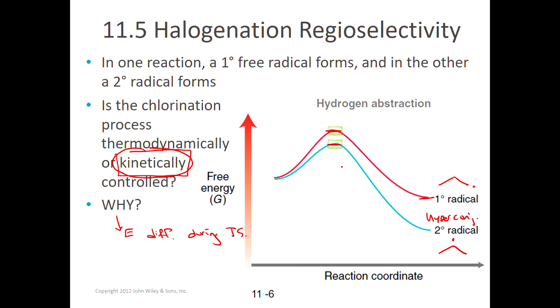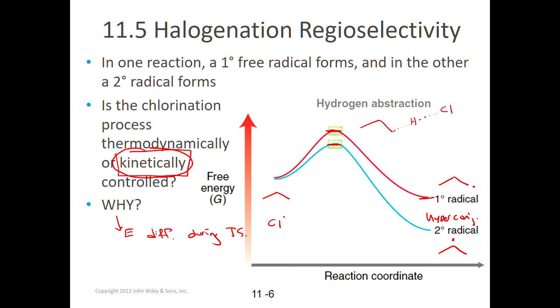So what's happening in the transition state of this first step? Well, we've got the propane and the chlorine free radical, and it has to pick off that hydrogen. So in the pathway where it produces the primary free radical, the transition state would look like this. The hydrogen would start breaking away and start to form a bond to the chlorine, right?